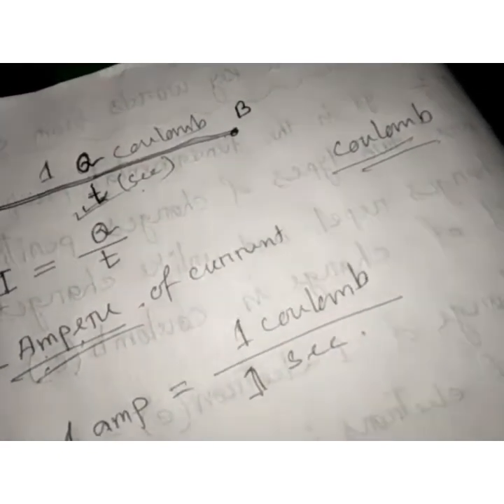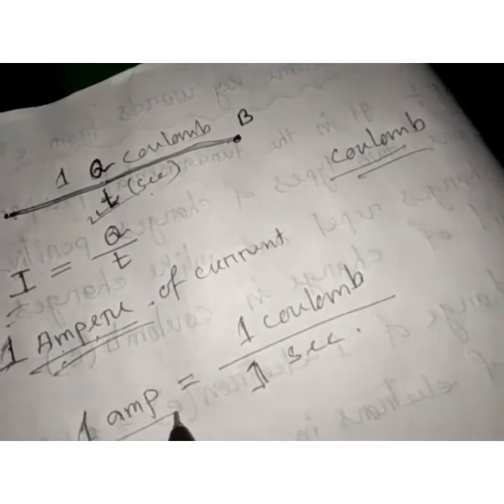So next, the SI unit of current is ampere, but how much current is flowing through a particular conductor? Then we should measure it. Which instrument do we use to measure that amount of current?